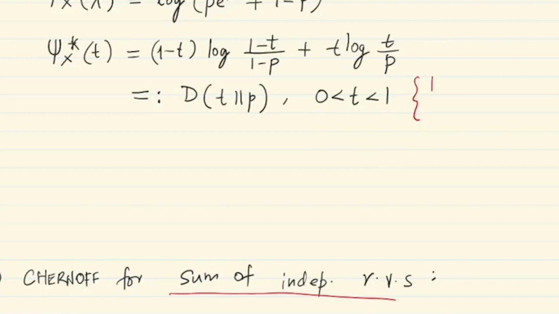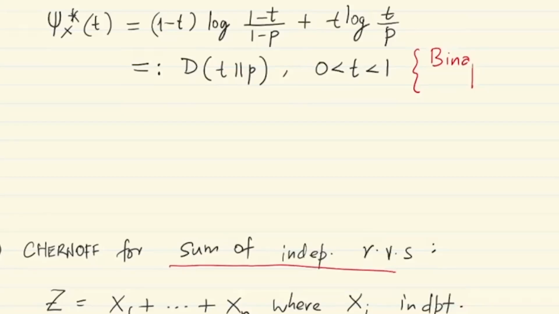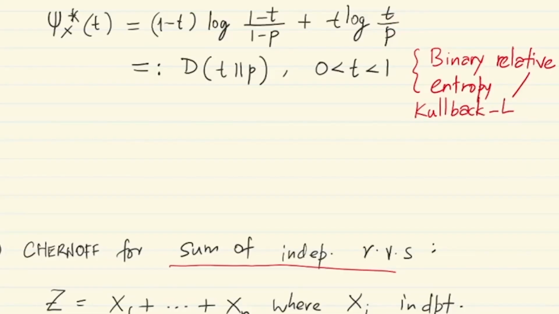This is a very important object in information theory and statistics. It's called the binary relative entropy function, or also the Kullback-Leibler divergence between Bernoulli distributions with parameters t and p.